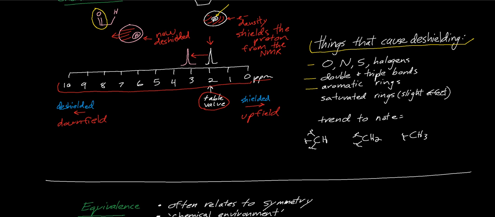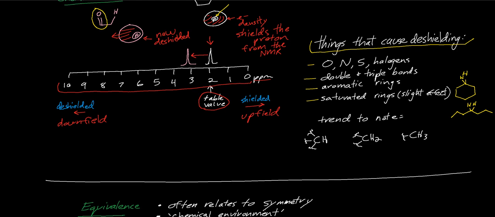Aromatic rings, another one. A normal ring, like a cyclohexane ring, for example, these two protons would be more de-shielded, but slightly, than on a similar kind of just linear molecule, like the heptane I drew.